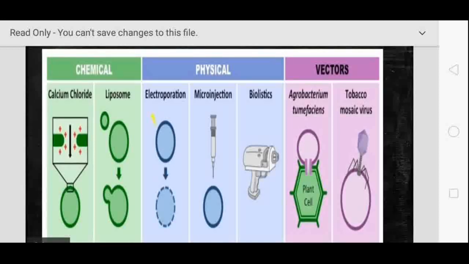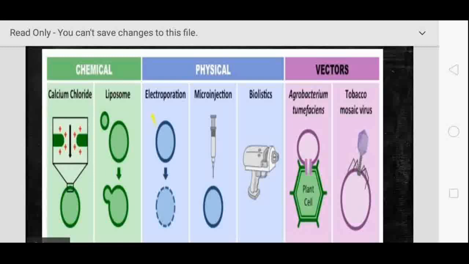It looks like a small DNA molecule overcoated with different types of chemicals, especially gold or tungsten particles. These bombarded particles can be grown in the selected medium to regenerate plant tissues from the transferred cells. So these are the biolistic methods.